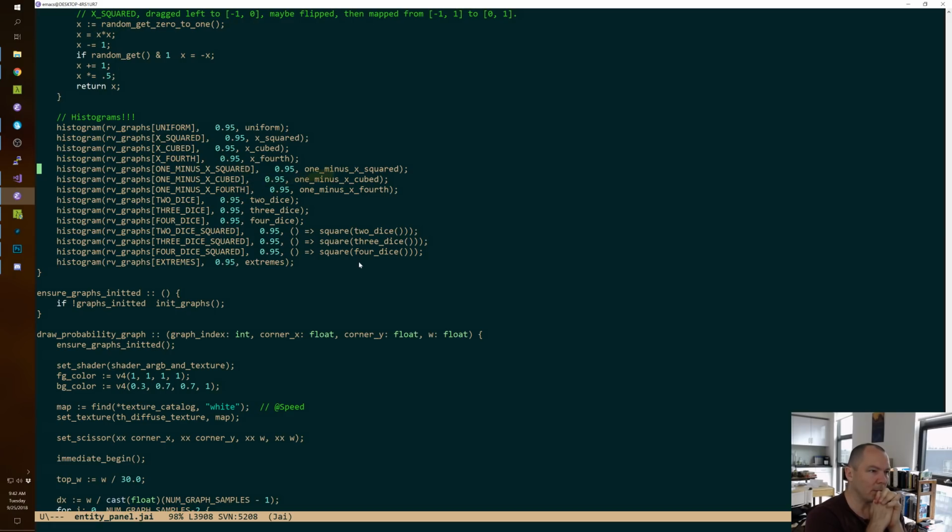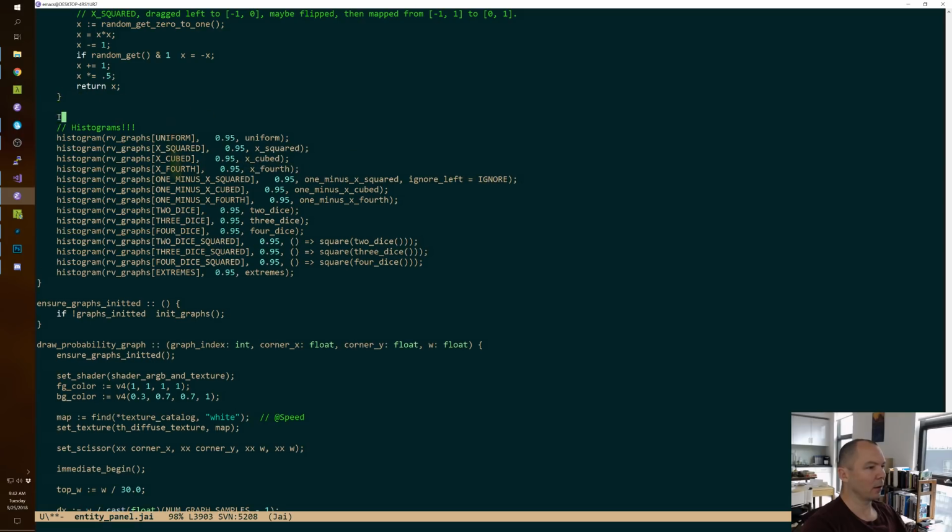We're going to say ignore left equals 3. We're going to say 1/10 on either side.